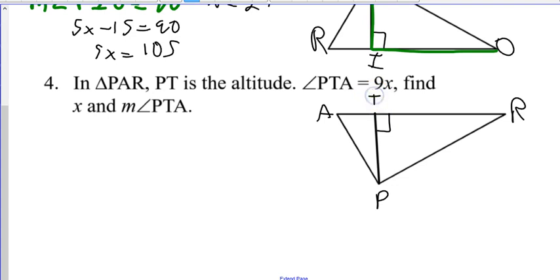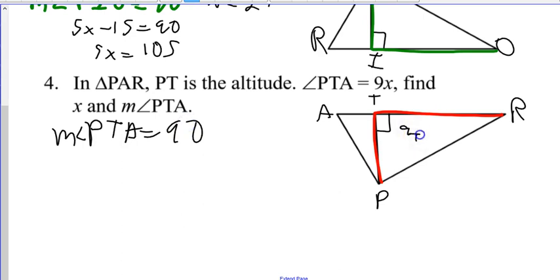Put your T. Now it says PTA, that's P to the T to the A. Again, it's kind of silly, but we know that already. The measure of angle PTA is 90. We're halfway there. Now since this is equal to 9x, and you can do this in your head, I'm sure, 9x equals 90. So what's x? 10. And that's it. We're done.